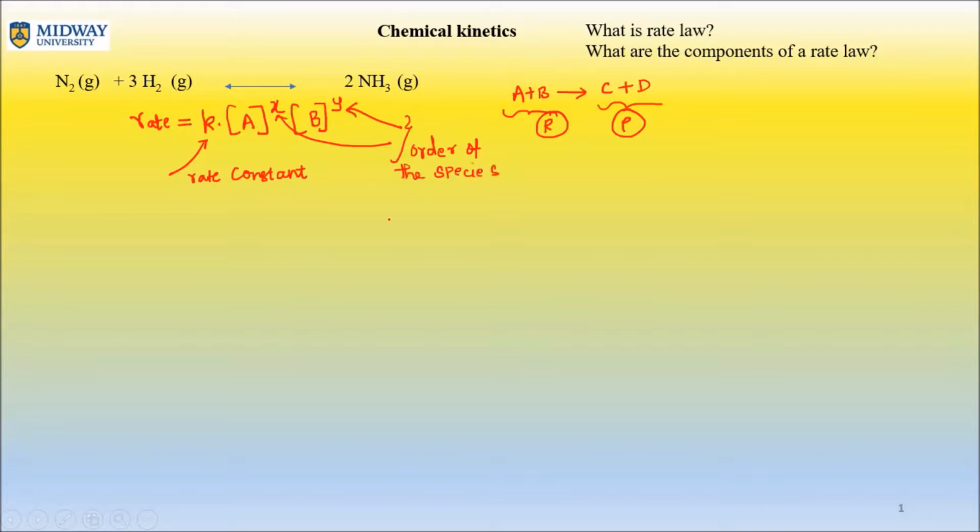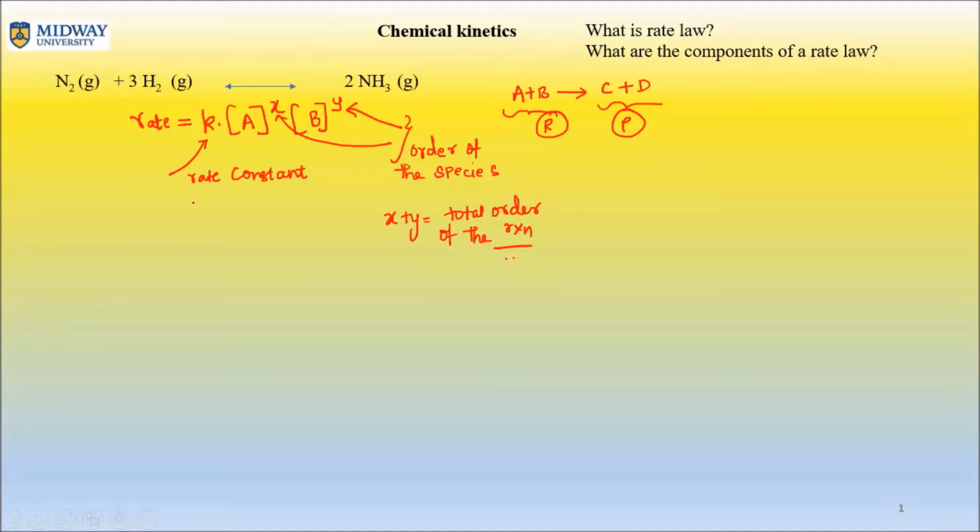And X plus Y is called the total order of the reaction. X and Y are the orders with respect to each species. X plus Y gives you the total order of a reaction, right?